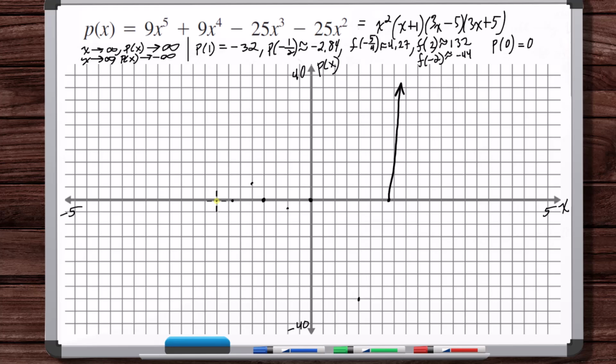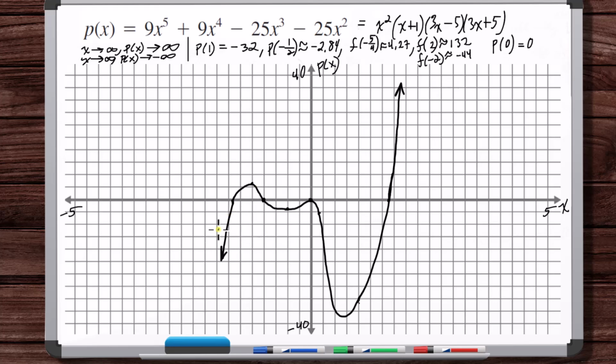It's here, minus 44, not quite as steep, but still pretty steep. There we go, like that.